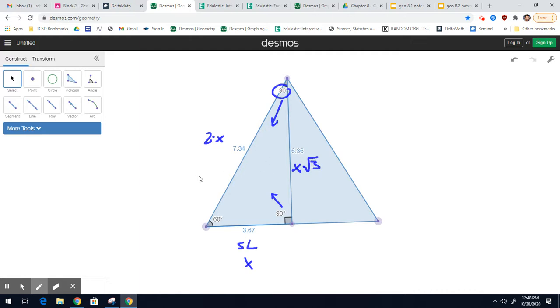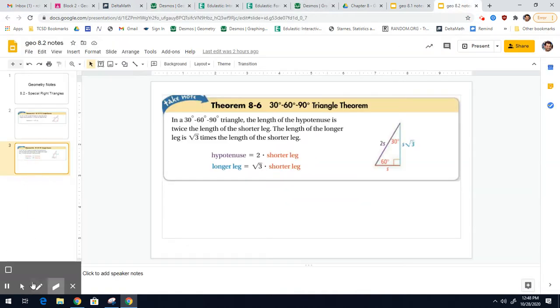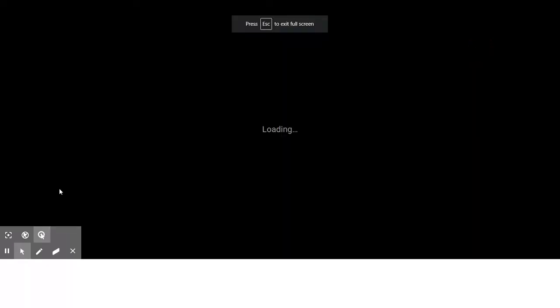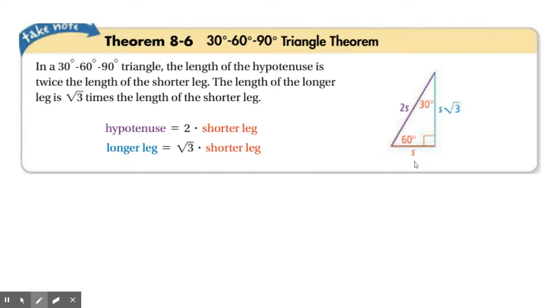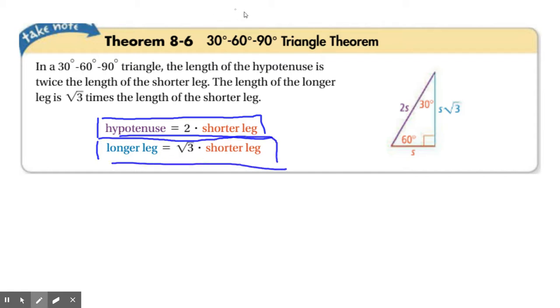Always and forever for any 30, 60, 90 triangle. So if we take a look back at our notes, here it is presented to you. Here's my 30, 60, 90 triangle. Again, the short leg we call s, and we find the hypotenuse from the short leg by multiplying it by 2. And we find the long leg by taking the short leg and multiplying it by the square root of 3. Always and forever, for a 30, 60, 90 triangle.